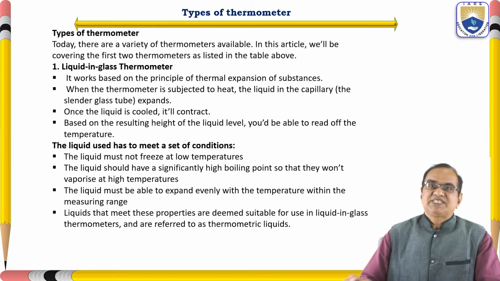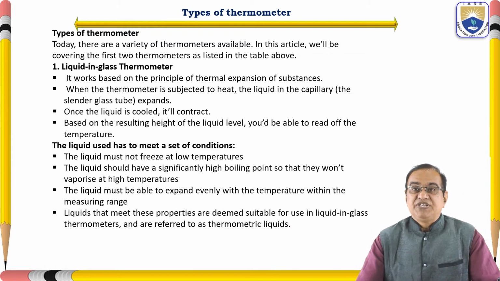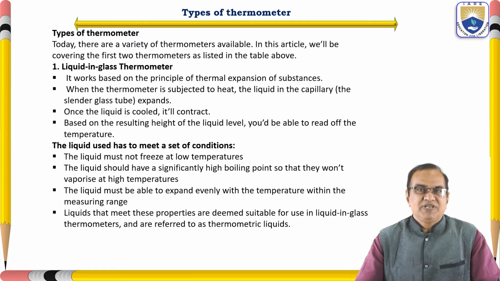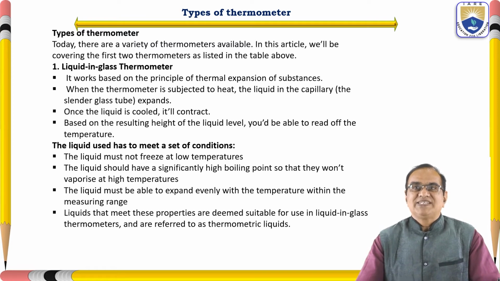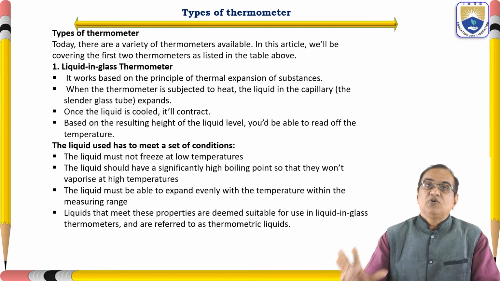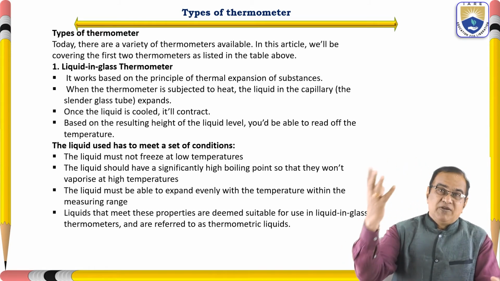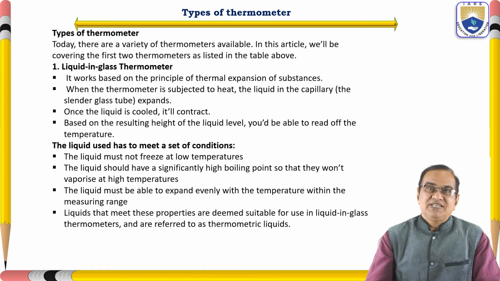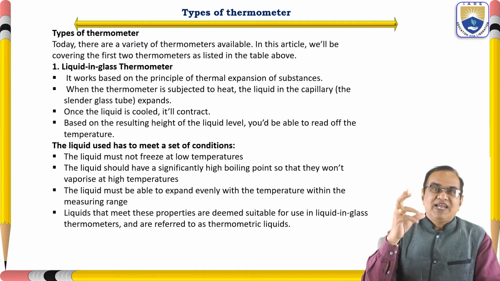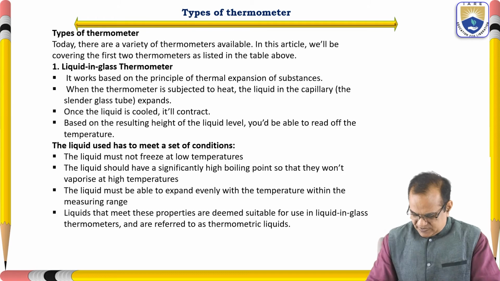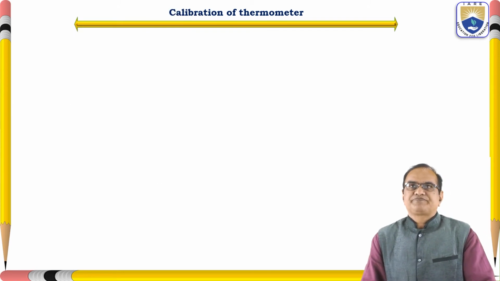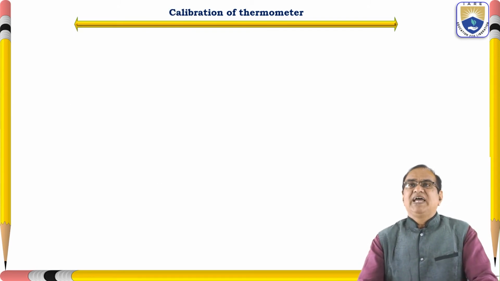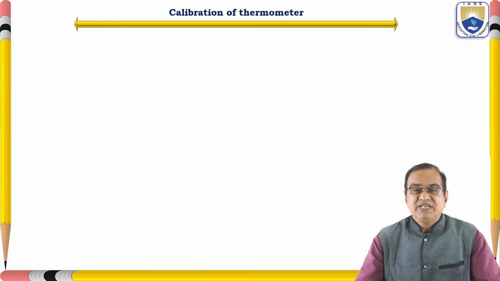Liquids that meet these properties are deemed suitable for use in a liquid-in-glass thermometer and are referred to as a thermometric liquid. For this type of medical thermometer, we normally use mercury.